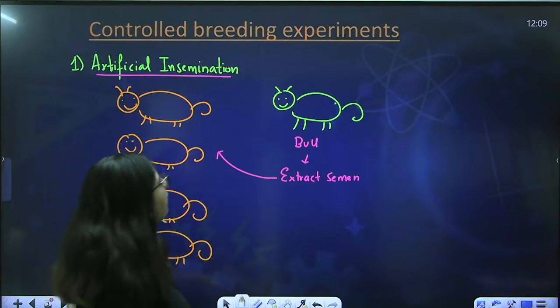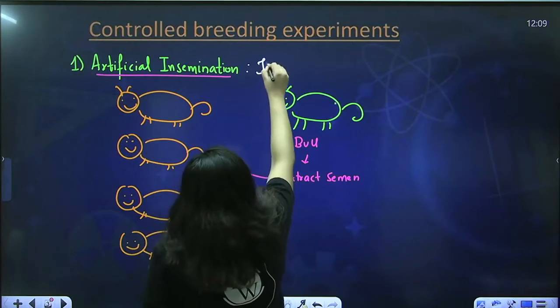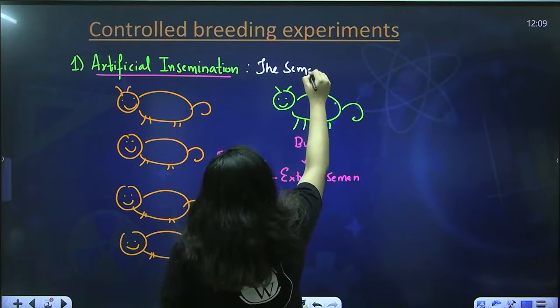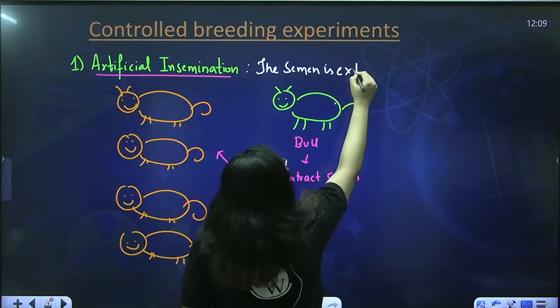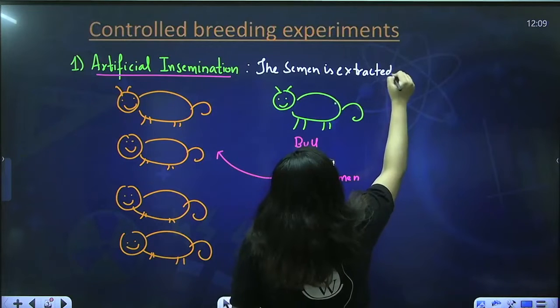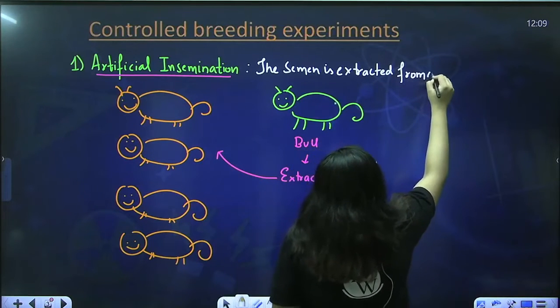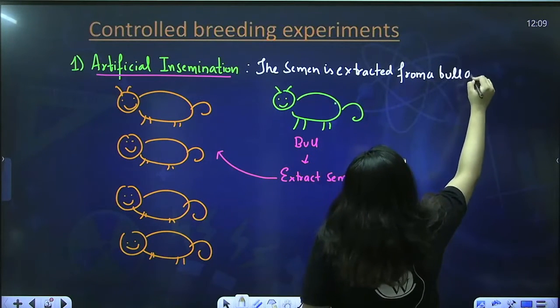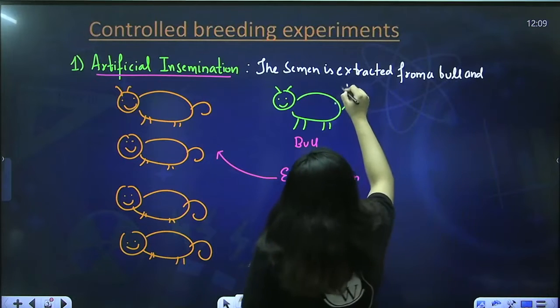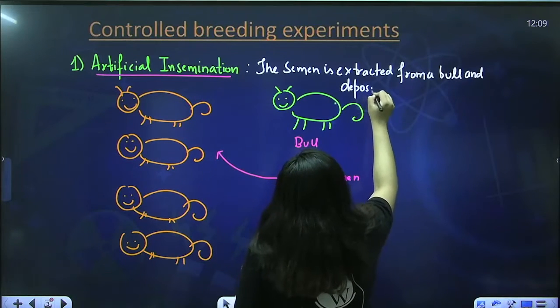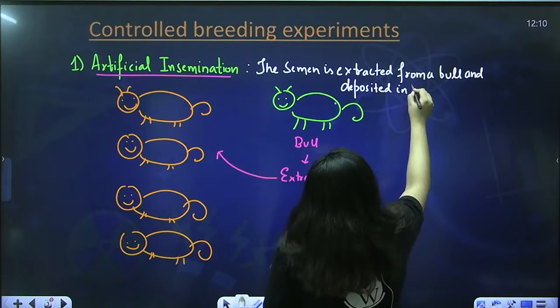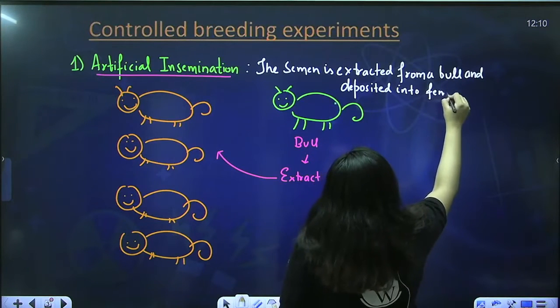So what do you do in artificial insemination? The semen is extracted from a bull and deposited into the female's vagina artificially.